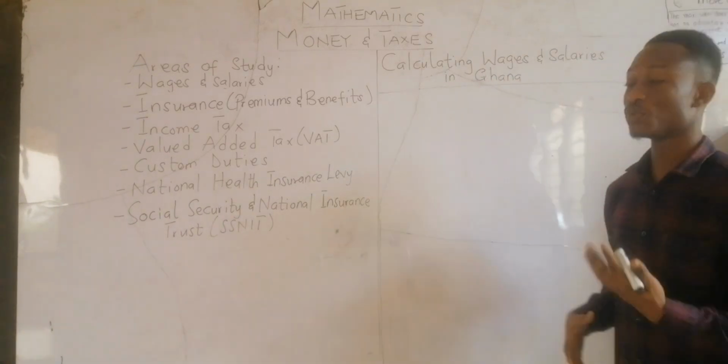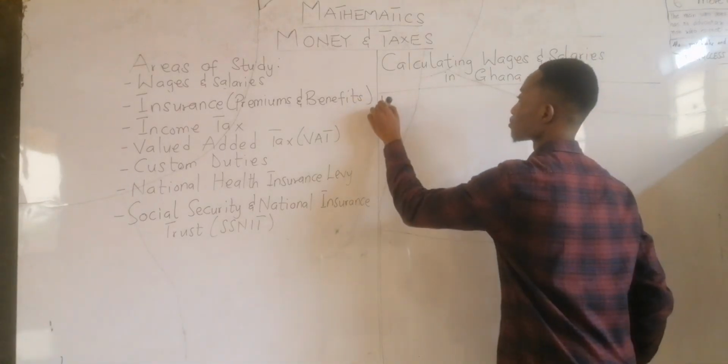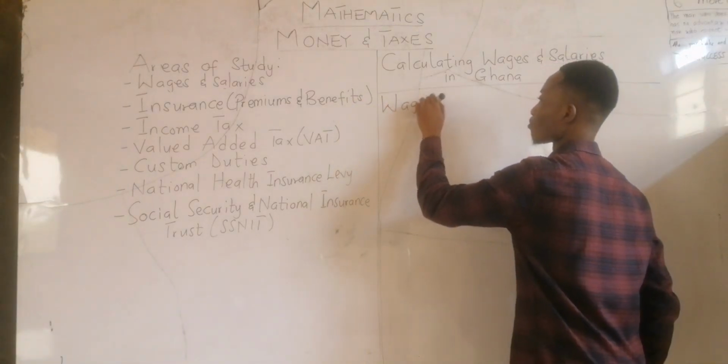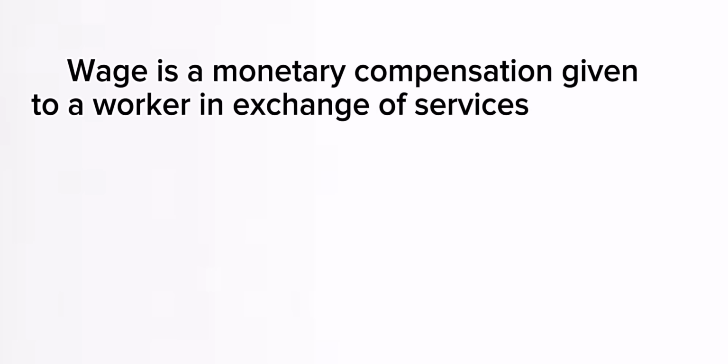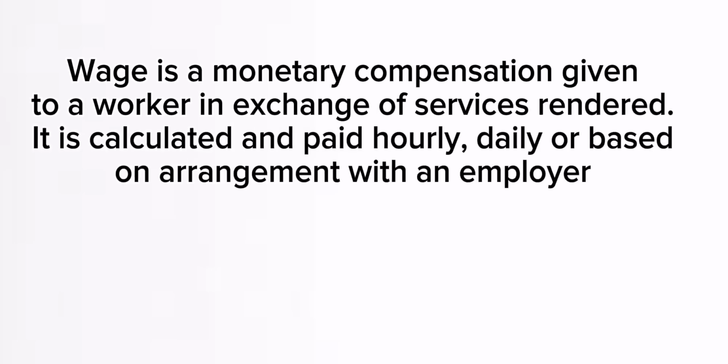Now, there are two things here, wages and salaries. So when we say wages, wages is a monetary compensation given to a person in exchange of services rendered to an employer. Wage is the monetary compensation that is given to a worker in exchange of his services rendered to an employer.